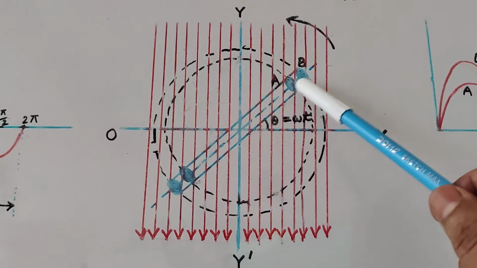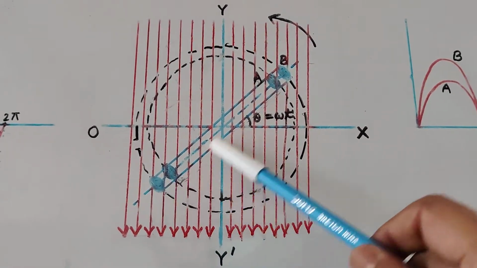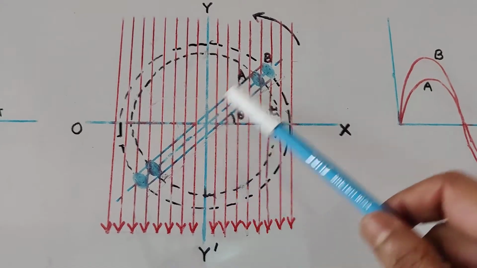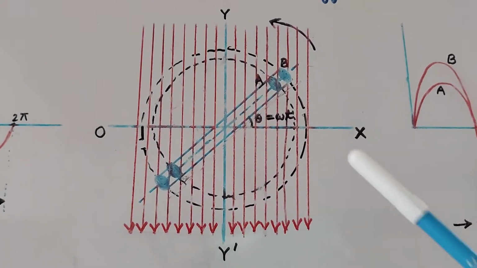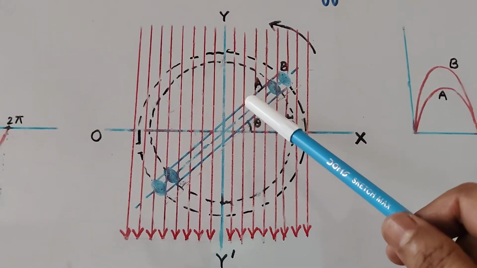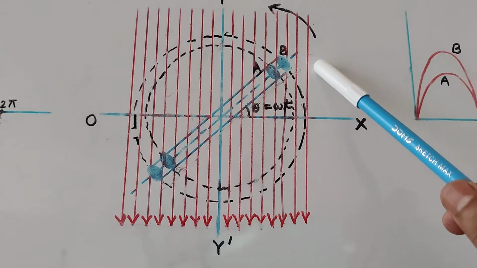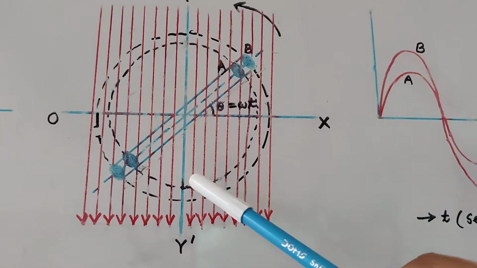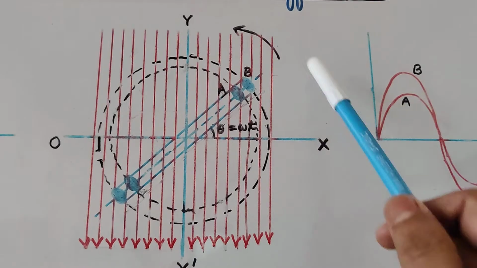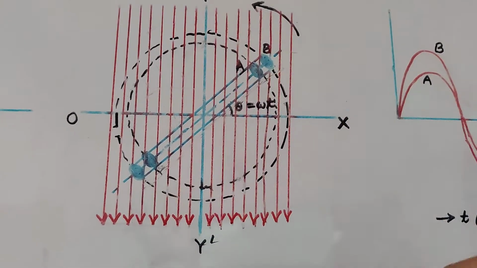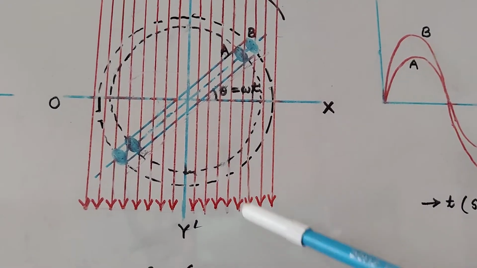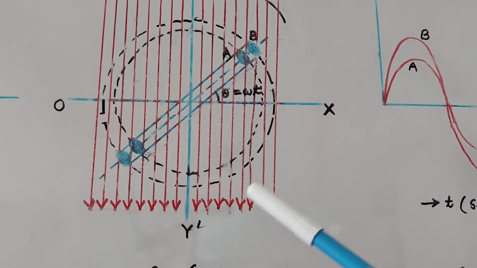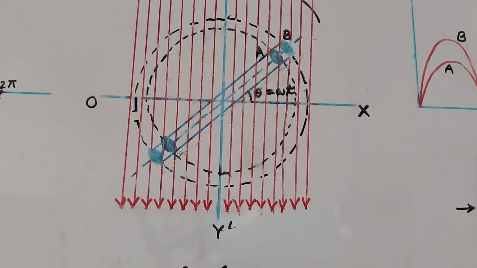The first coil is coil A, and this is the second coil B. That is, the size of coil B is more than the size of coil A. Both the coils are single turn coils, but they are of different sizes, and they are arranged radially in the same plane, and they are rotating with the same angular velocity omega in a uniform magnetic field.